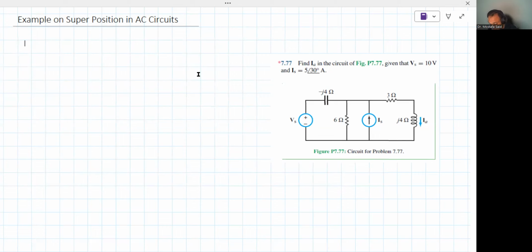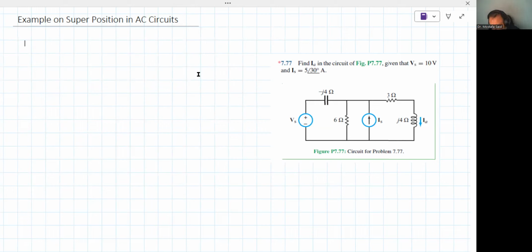Okay. So just a recap or a review on the superposition theorem, it says that the voltage or the current on any element in the circuit is just a component that comes from each source in this circuit.